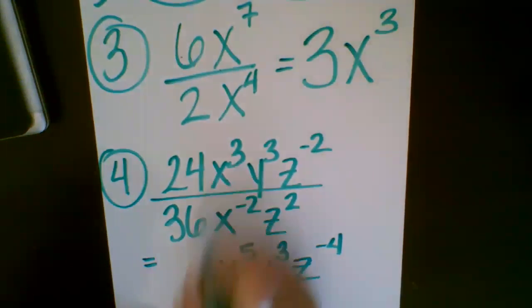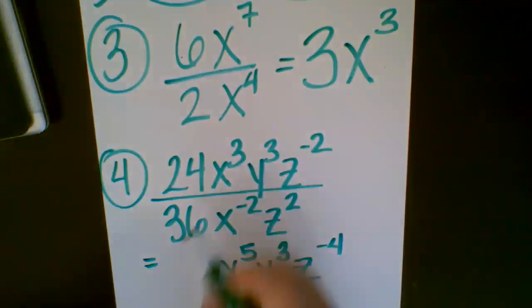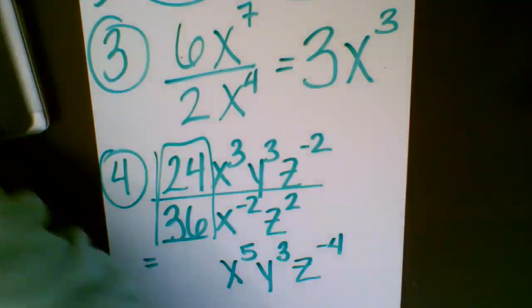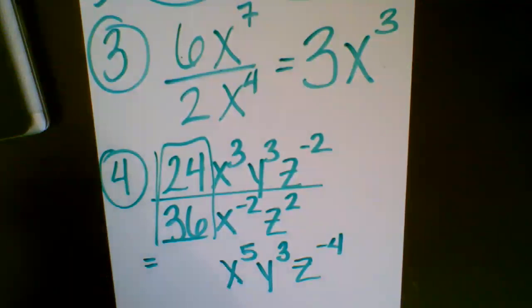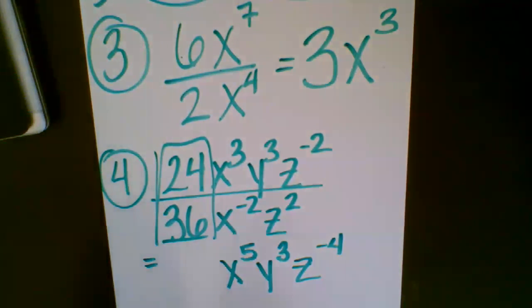Now, we got to deal with these numbers. These numbers don't divide nicely this time. However, this fraction, ignoring the letters, simplifies. What does 24 and 36 have in common? What can we divide both of those numbers by? Exactly. We can divide them both by 12. Good. So 12 is the greatest common factor. So that's the biggest number we can divide by.